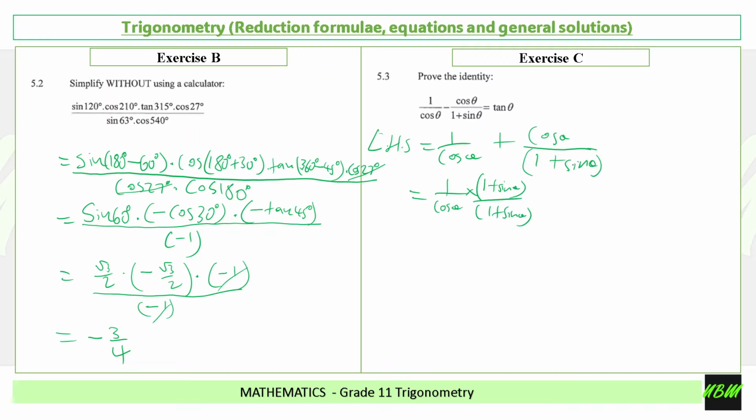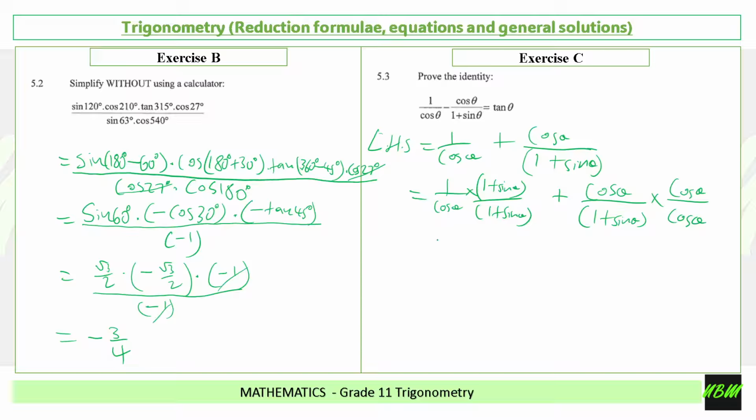It comes from the denominator of the second fraction, plus the second fraction, cos theta divided by 1 plus sine theta. We also multiply it by 1. Our 1 is going to be cos theta divided by cos theta, which is the denominator of the first fraction.